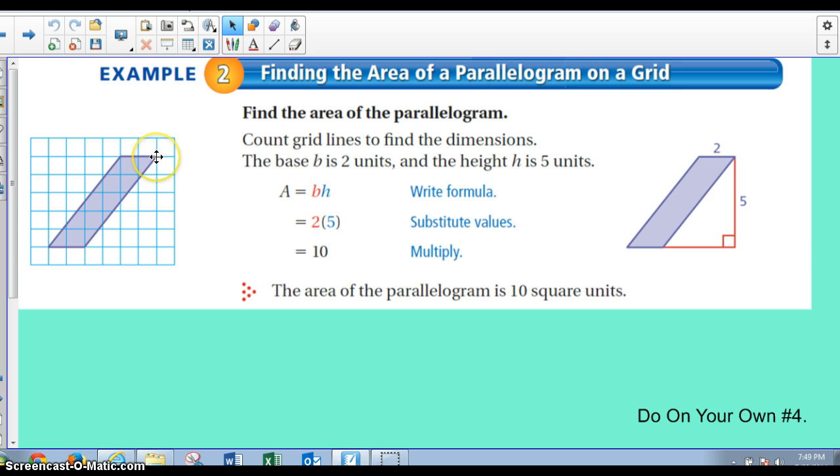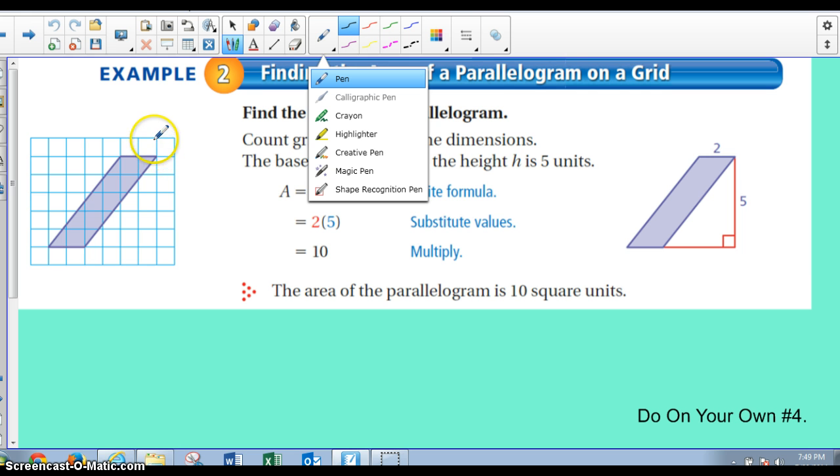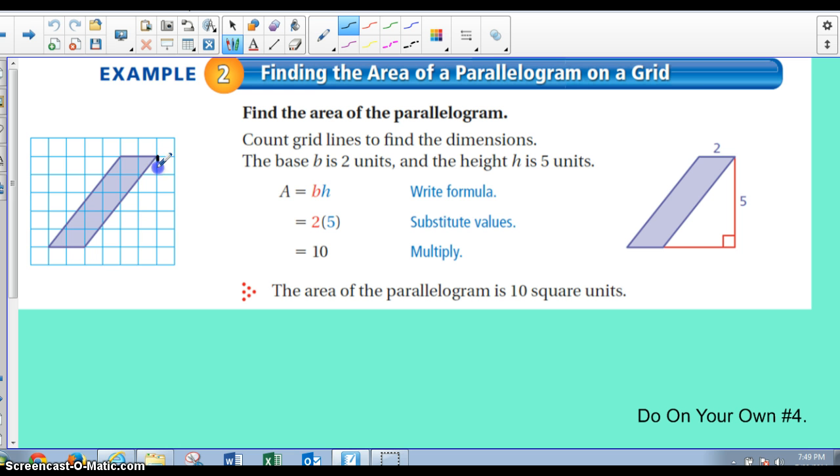We can also start out here. There's a corner and it's open, so you could do this. Let's try doing it from here down to here. That is 5 units. 1, 2, 3, 4, 5. But that's the line we're using.